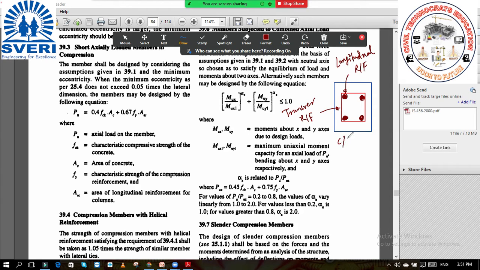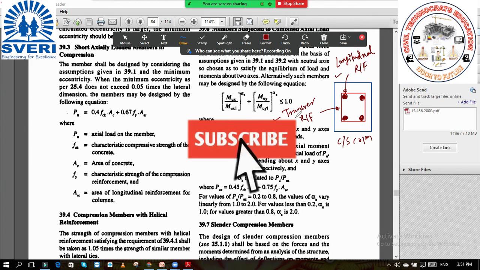This is the cross section of the column. Whatever bars you are providing in the column are called longitudinal reinforcement, and whatever stirrups or rings are provided are called transverse reinforcement. Now there are certain clauses for providing these two types of reinforcement.